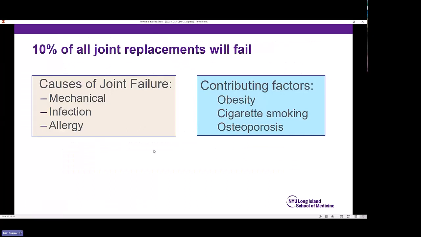We know that 10% of joints will fail. The most common cause of joint failure is not allergy. The most common causes are mechanical problems and infection, and those need to be ruled out. Contributing factors include obesity, cigarette smoking, and osteoporosis.